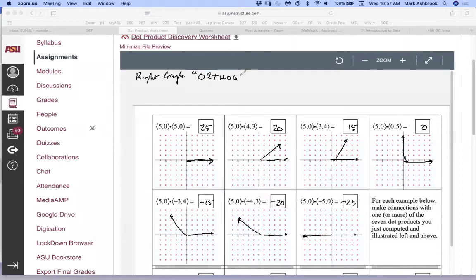Orthogonal means at a right angle, but it also applies to higher dimensions when you can't really conceive it as a right angle in 4, 5, 6 dimensions, but you still have this principle of orthogonality, right? So for orthogonal vectors, the dot product was 0.